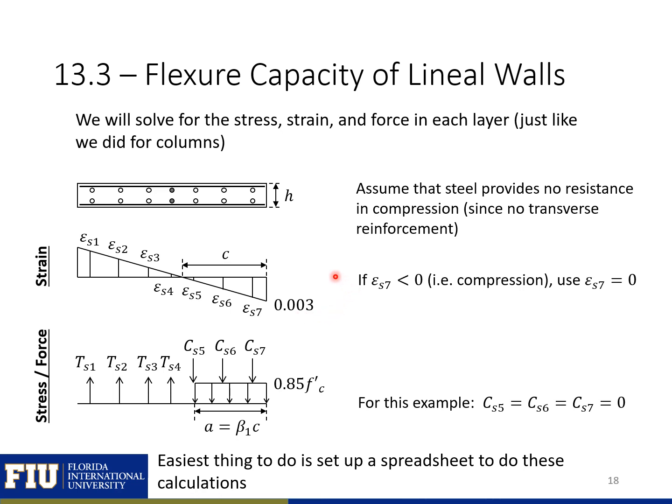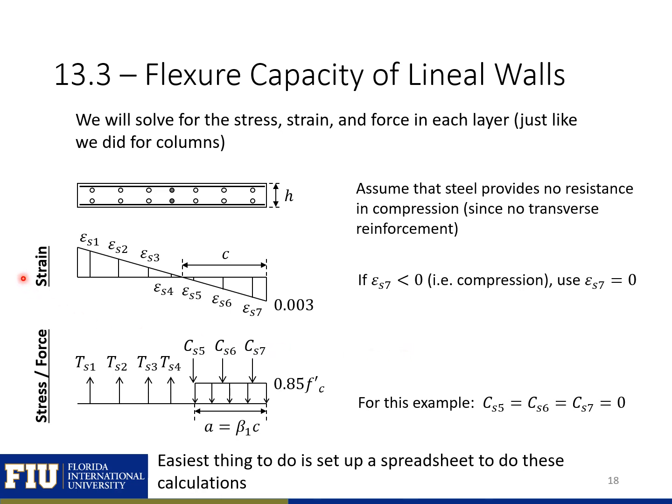One difference is that if we're using longitudinal reinforcement without confining steel around it, so here we have the bars spaced evenly at 12 inches and we don't have any confining steel around it, we're going to assume that we will neglect the compression steel. So we'll assume that any steel with a compression strain will buckle. So we're going to neglect that from our calculations.